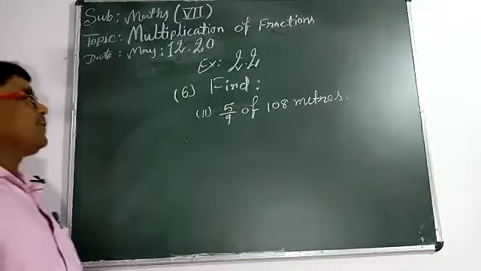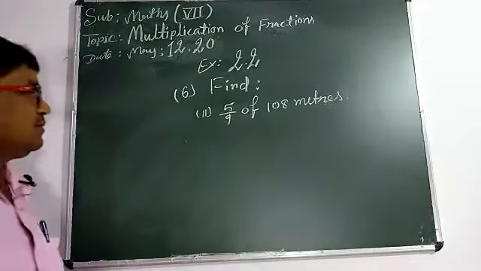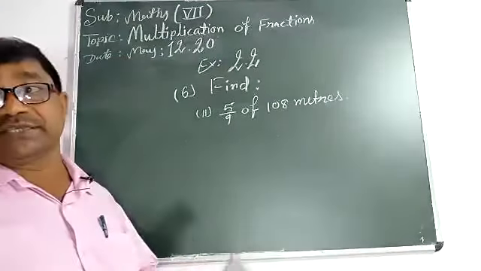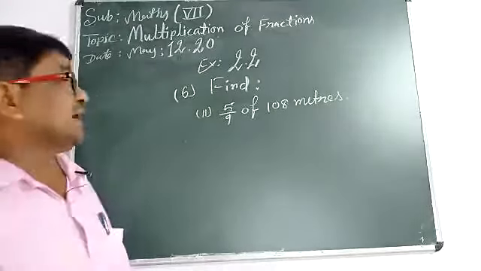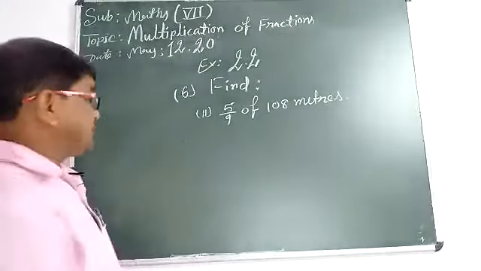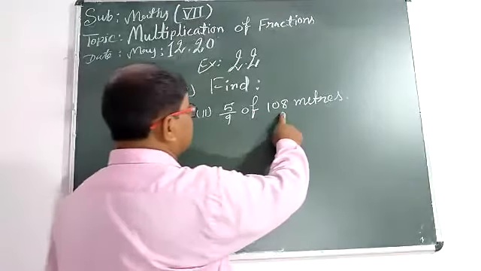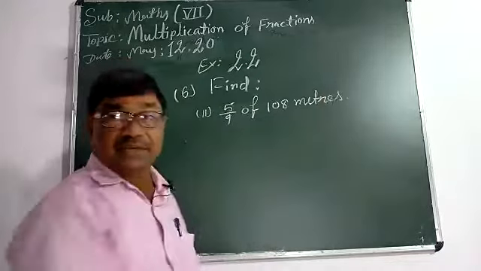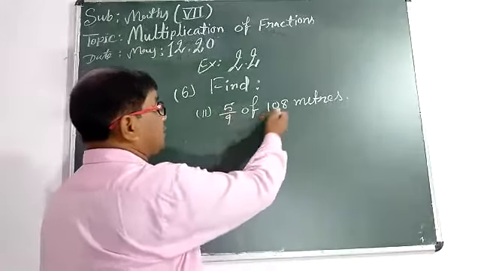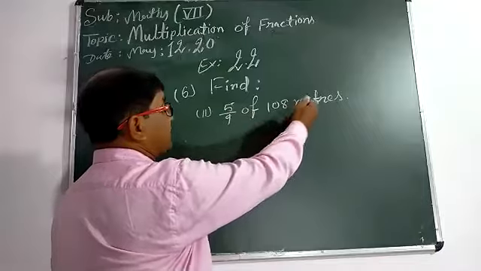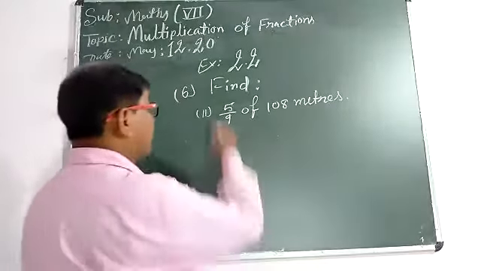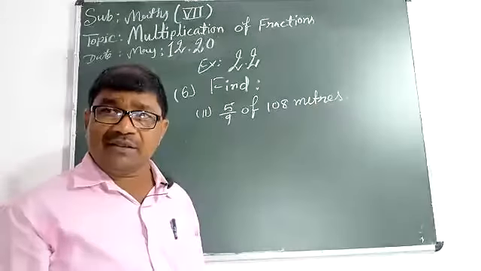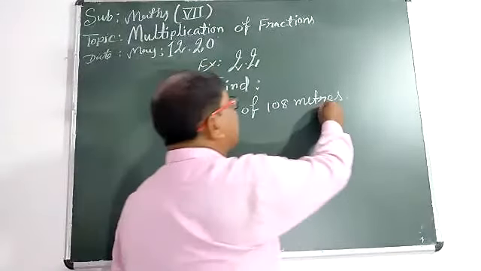Understood? Here, student, you should mind: 5 upon 9 of 108 kilometer, 5 upon 9 of 108 meter, 5 upon 9 of 108 centimeter, 5 upon 9 of 108 kilogram. Anything it may be.